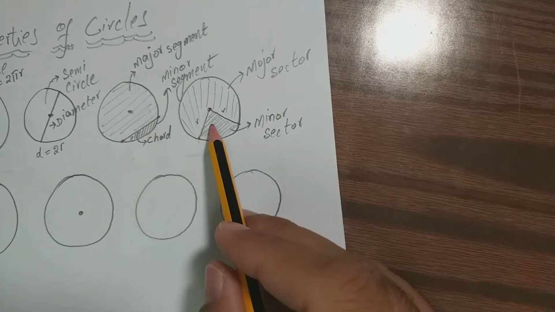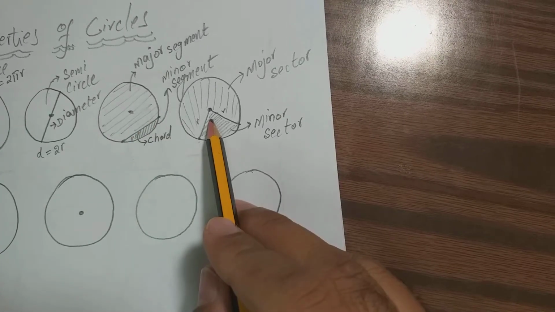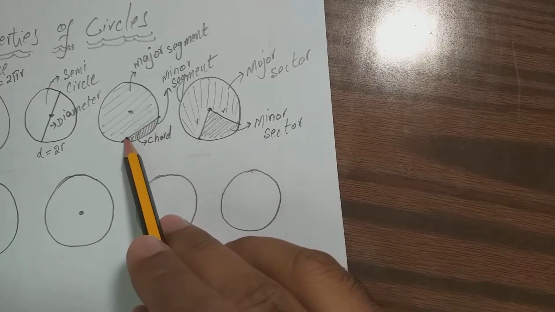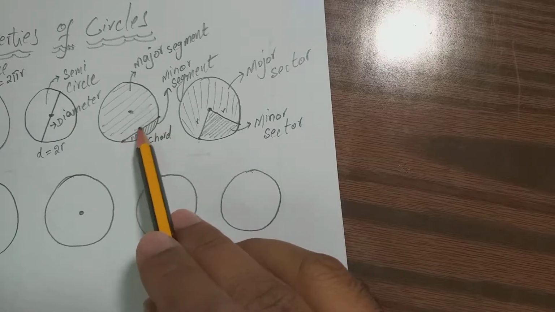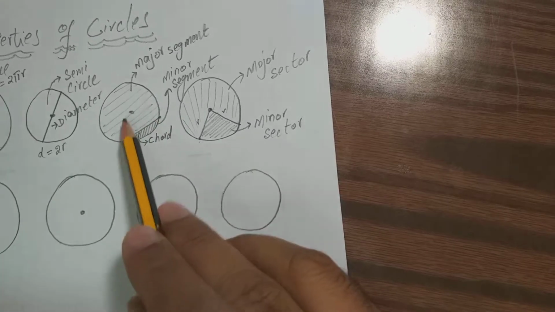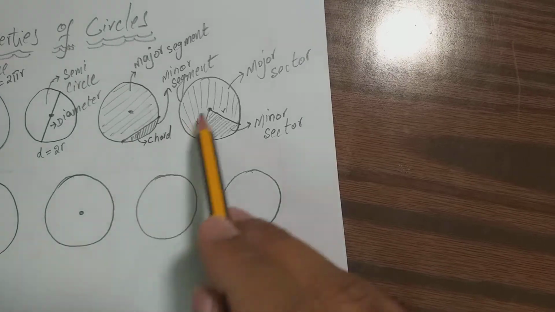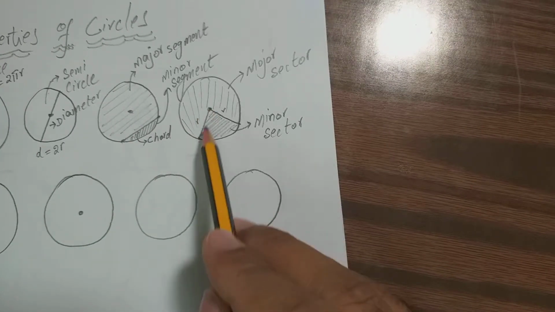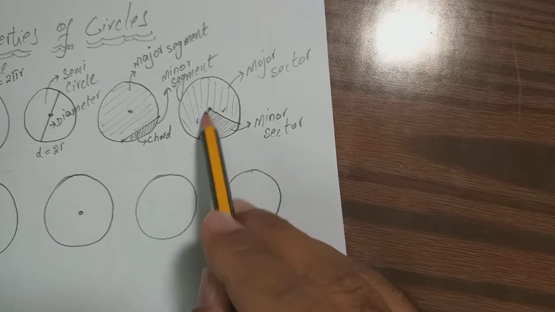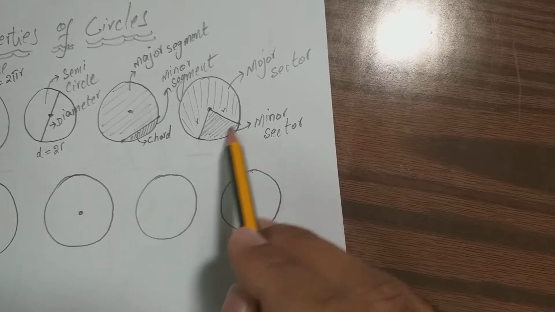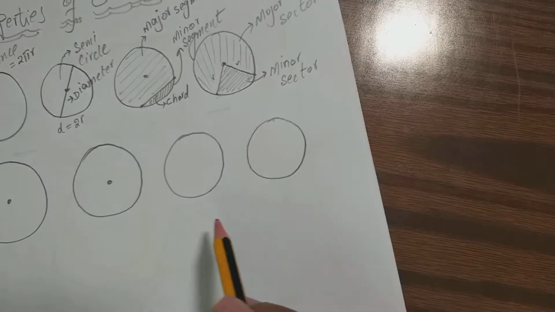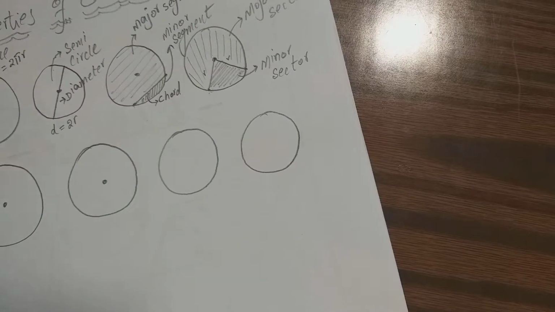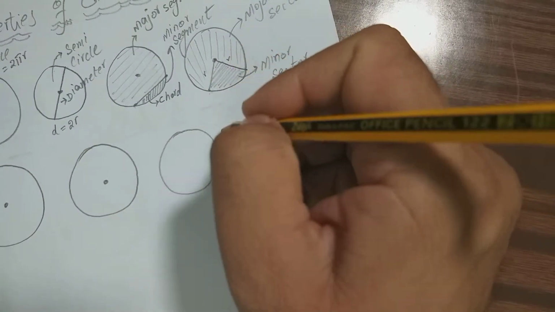The difference between the segment and the sector is that a segment is any part of the circle which touches two ends but does not start from the center, while the sector is the region between two radii from the center to the circle. So this is the sector.